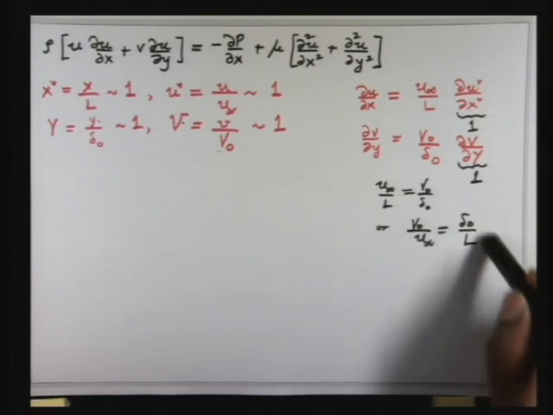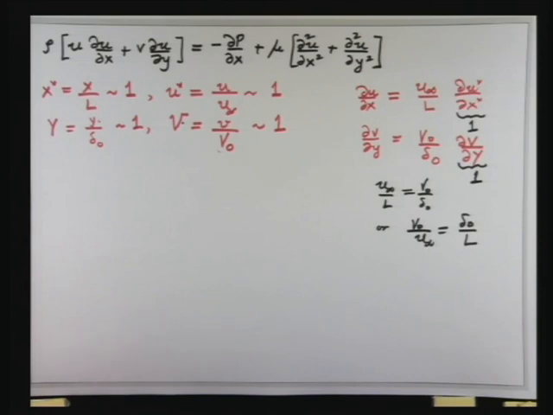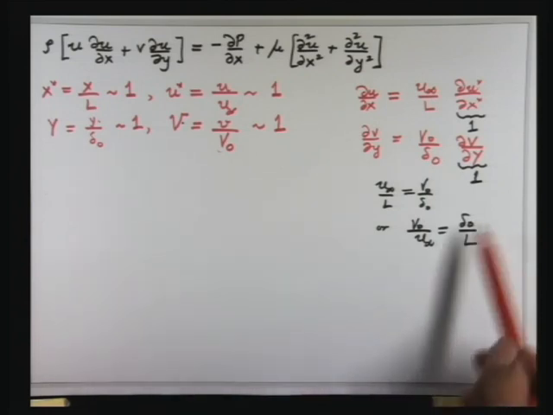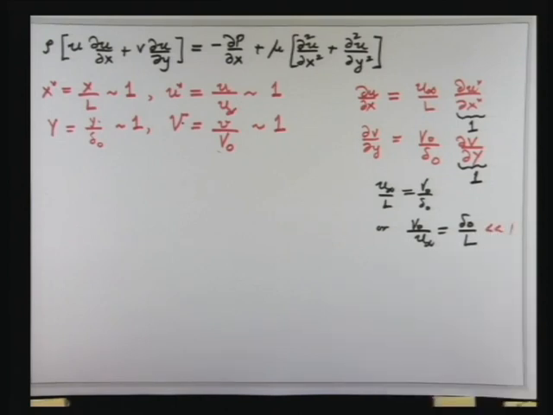The x length scale was L and the y length scale is delta naught, and we are anticipating that this is much less than 1.